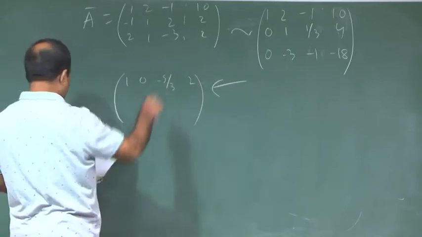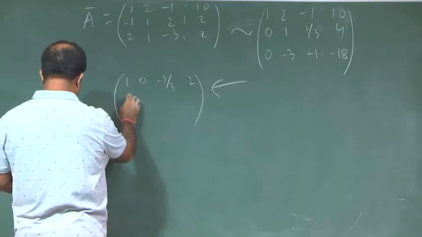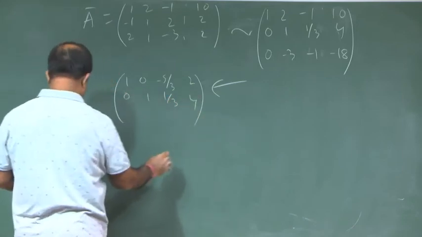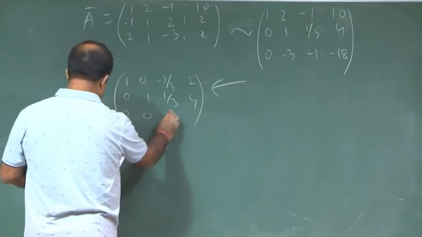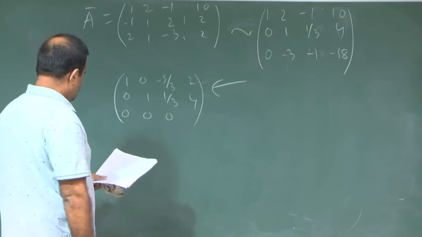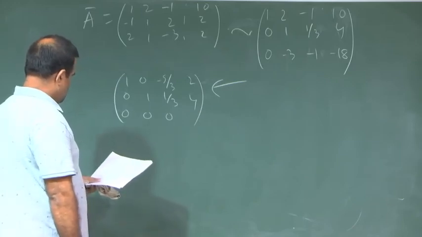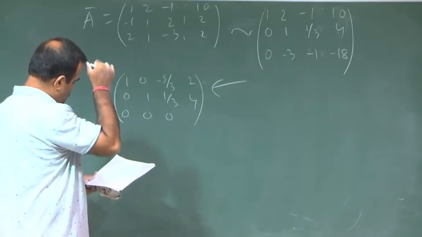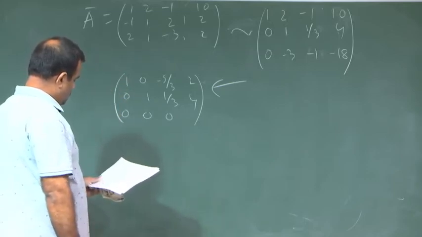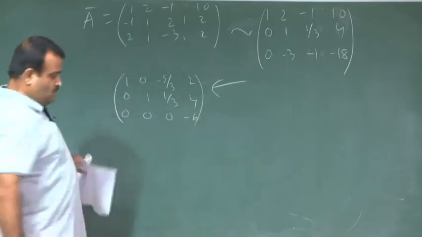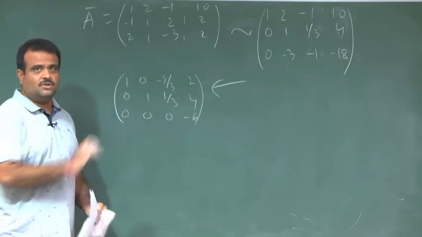We have to just subtract by 5 and then add with the other row; 0 1 1 by 3 4 and 0 0 0 minus 6. Anyway, you can just work this out.